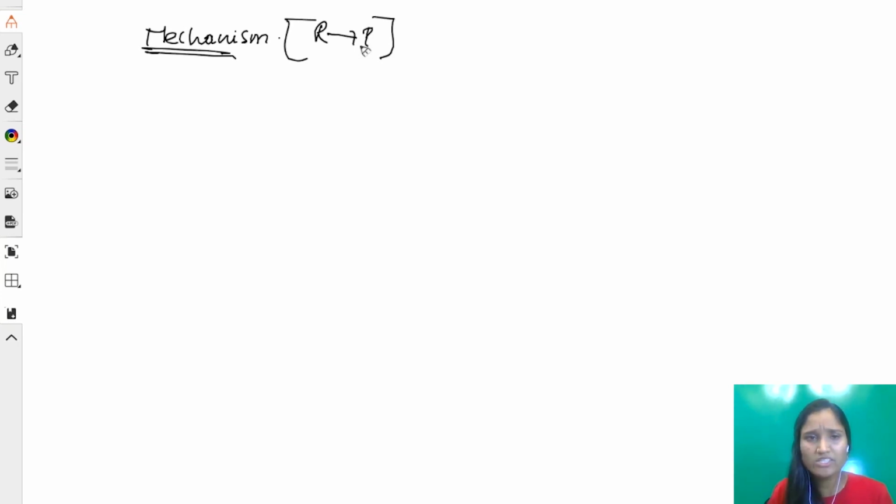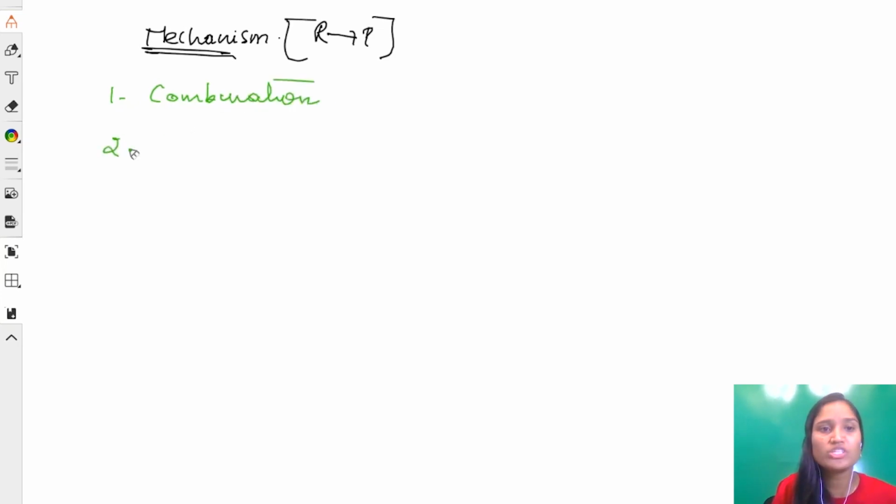So based on mechanism, we have four types of chemical reactions. Number one, combination reaction. Number two, decomposition reaction. Number three, displacement reaction, to be more specific, single displacement reaction.